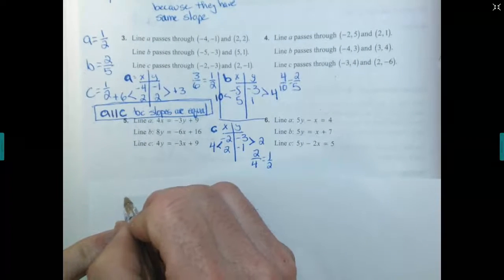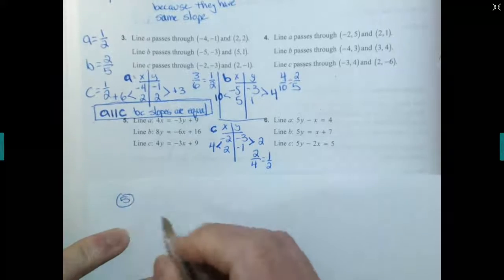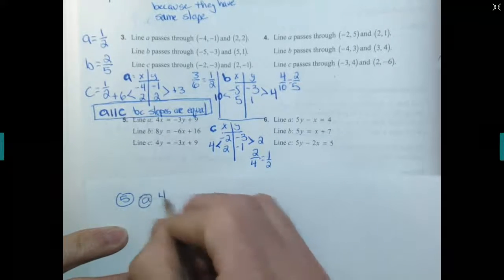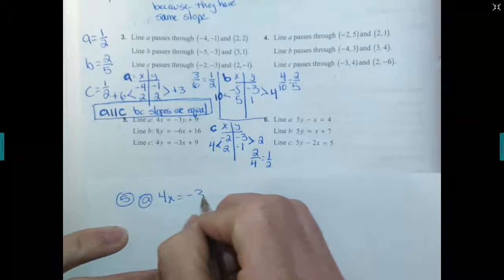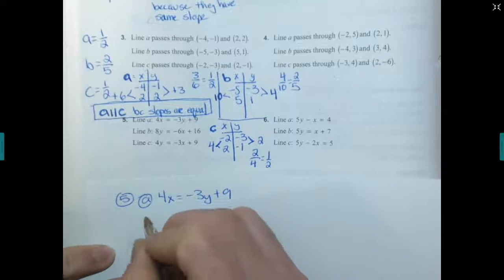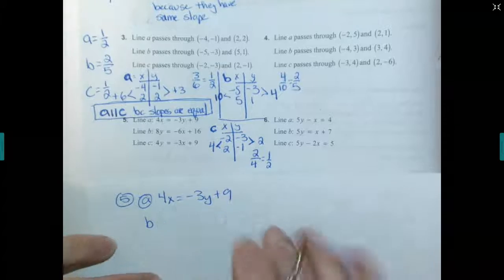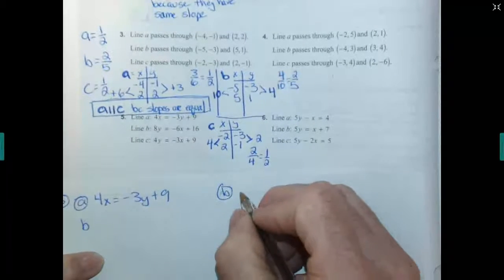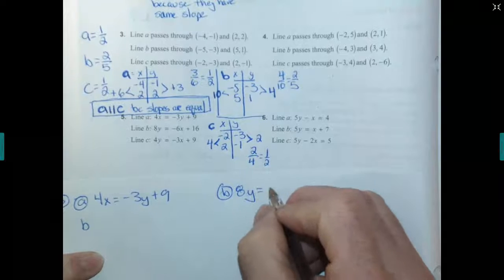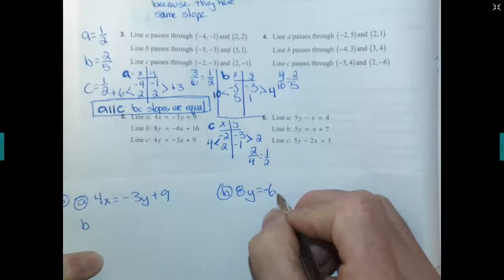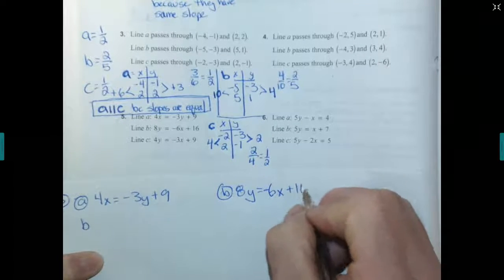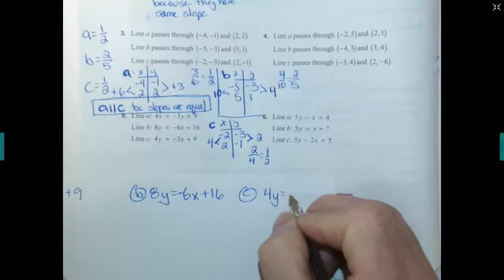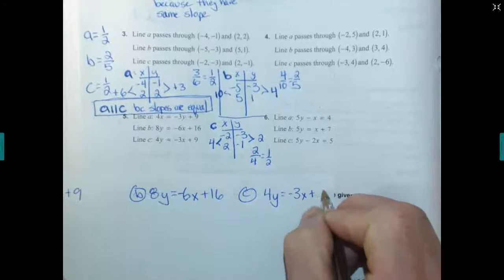For number 5, we have line A, which is 4x equals -3y plus 9. We have B, which is 8y equals -6x plus 16. We have C, which is 4y equals -3x plus 9.